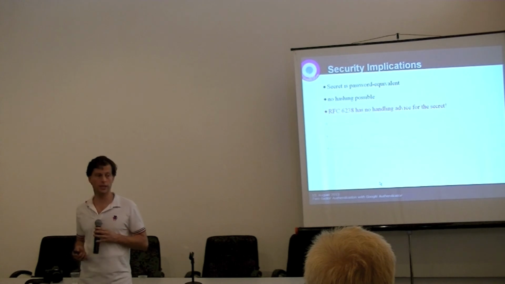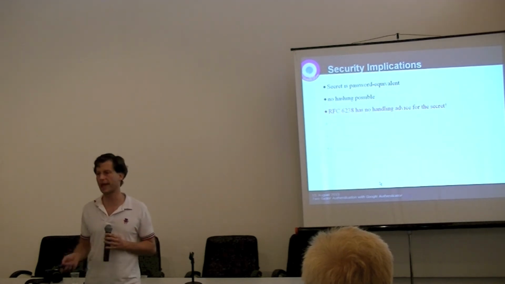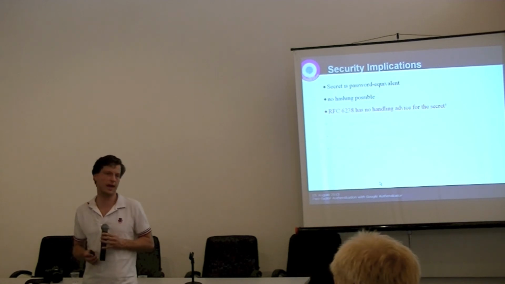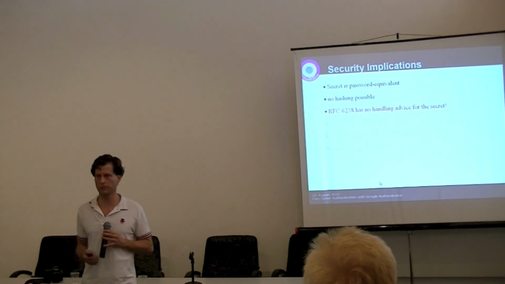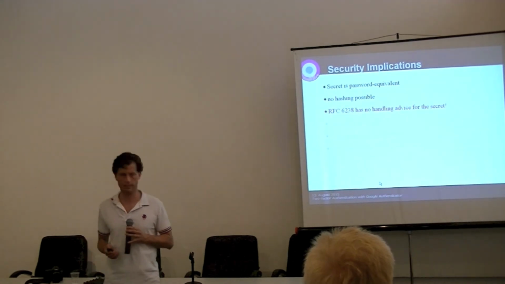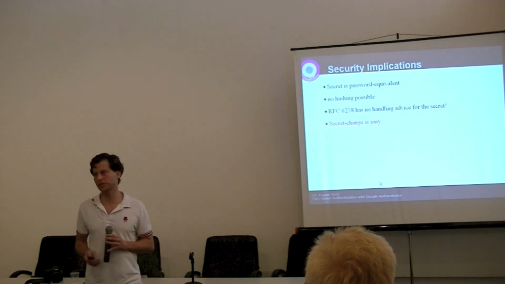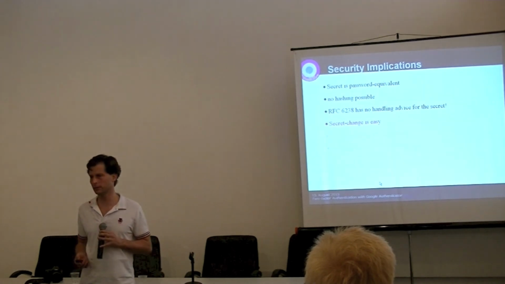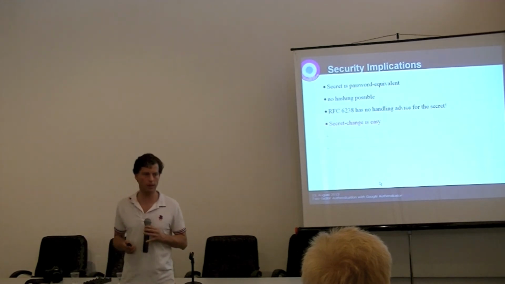And unfortunately, RFC 6238 has no advice on how to handle those shared secrets, like where to basically store them. So yeah, you have to treat them like plain text passwords. But one upside is that changing the secret is very easy. The user just needs to take another picture of the screen and they have been changed to the new one-time password.